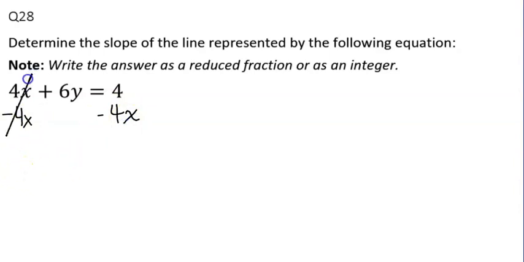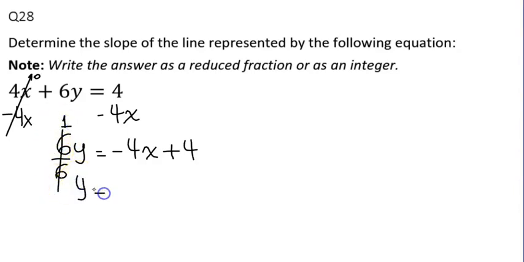Then here, 0, and I have 6y equals negative 4x plus 4. Now what do I do? Divide by 6 to make this coefficient 1. Now I have y equals negative 4 over 6 of x plus 4 over 6. What is this reduced?